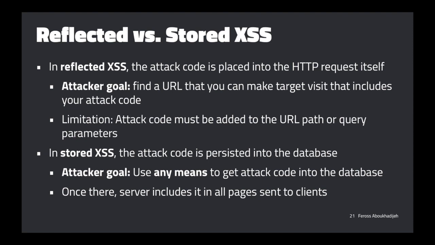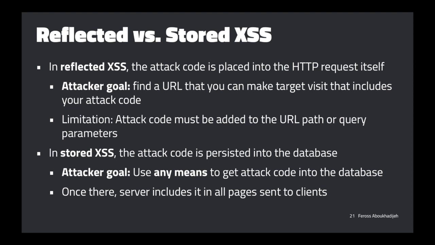But with stored, I can put whatever attack code I want in that HTTP header value, and if the server takes that and puts it into the database, and now they're giving that to everybody who comes to the site, it doesn't matter that my means of exploiting it was relatively obscure and involved an HTTP header. The attacker could literally just go and bribe somebody to add a script to the database, right? And that's also stored XSS. So it doesn't matter how you get the attack code into the database. Does that make sense? Cool.